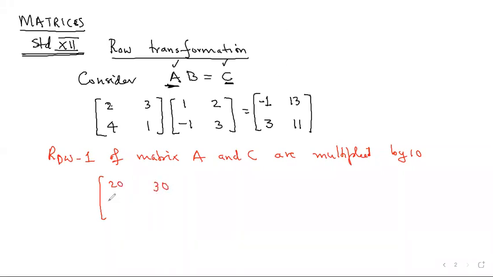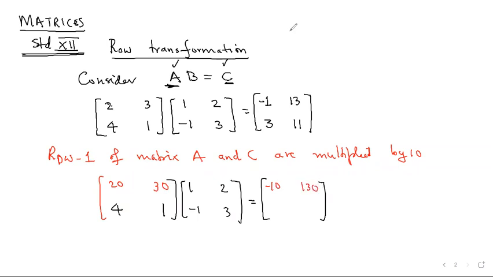Then what is not changing, I'll write in black: 4, 1. 1, 2, minus 1, 3. Then I'm going to again multiply the first row with 10: minus 10, 130. 3, 11. Check, are they equal? Which is true.